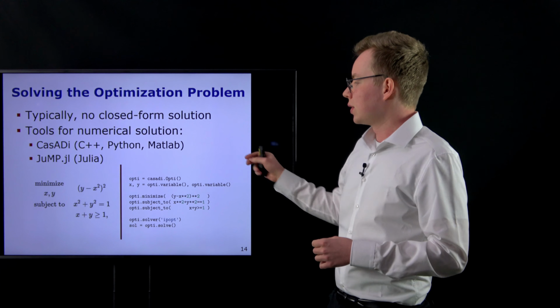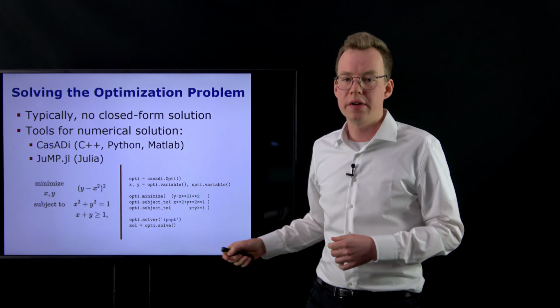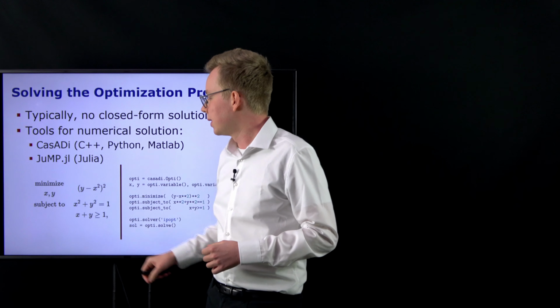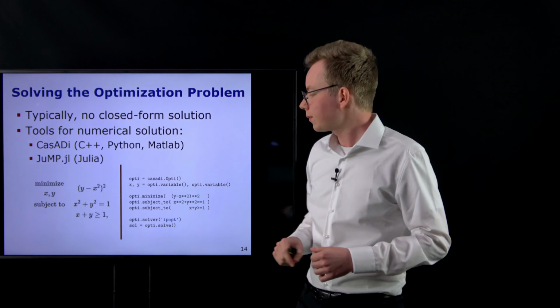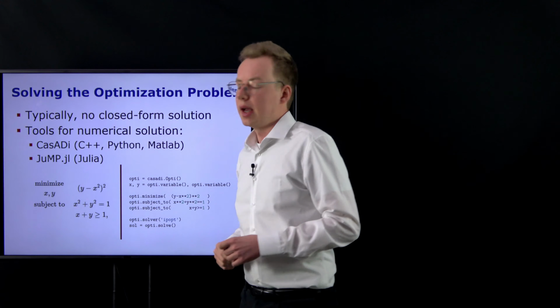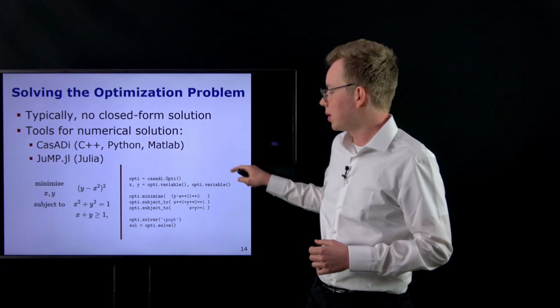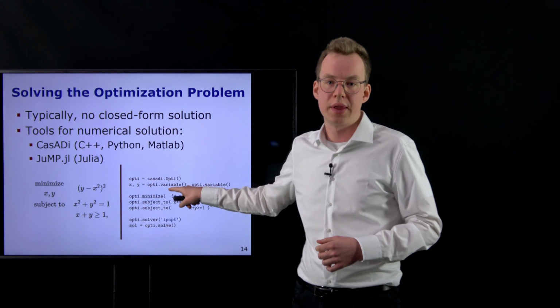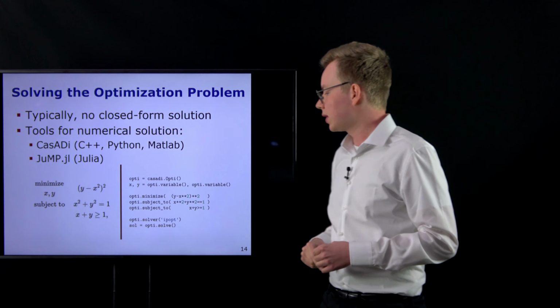And the beauty of these libraries is that you can take this mathematical description of the problem. So here, a very simple problem over two decision variables, X and Y, with this very simple objective and only two constraints. And if we were to encode this problem, for example, in Casadi and Python, we can just declare what the variables are, so the decision variables that we can use to minimize the cost.